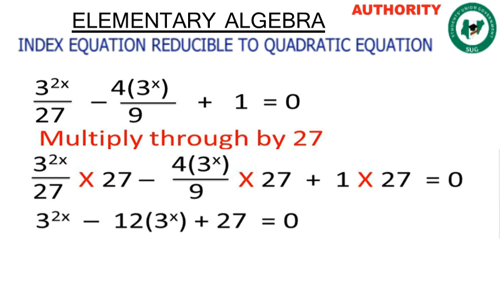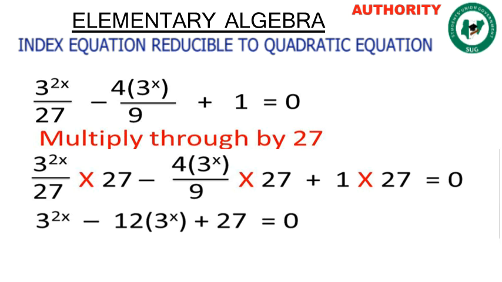Then 3 times 4 will give you 12. Then we'll have 12, open bracket, 3 raised to power x, close the bracket, plus 27. Hope you know how we got this 27, okay? It's from 1 times 27, it will give you 27. Is equal to 0. Okay?